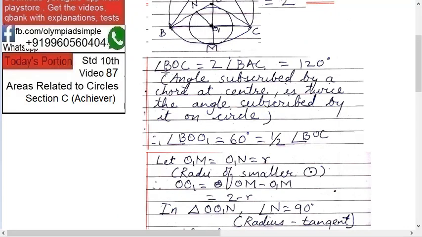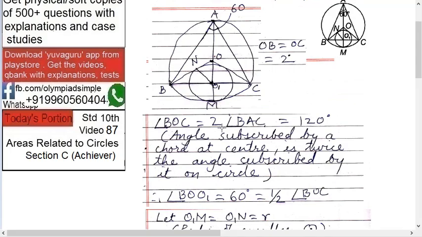Therefore, next, angle BOC equals 2 into angle BAC. Why? Because in circles we have studied that the angle subtended by a chord at the center is twice the angle subtended by it on the circle. So BOC is twice BAC.